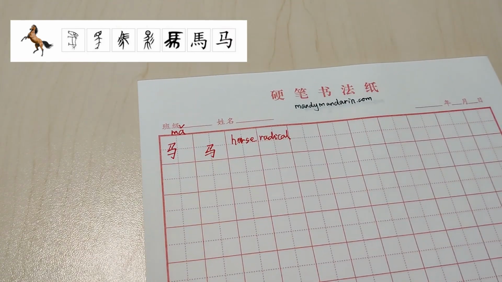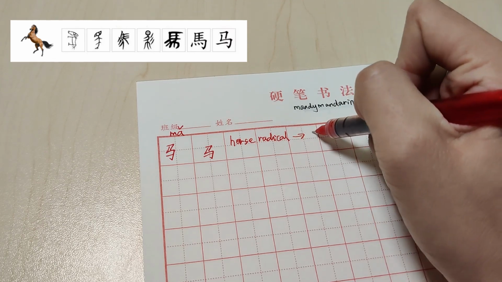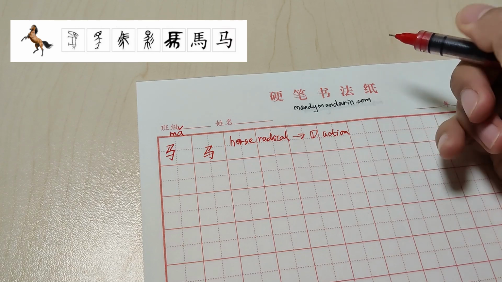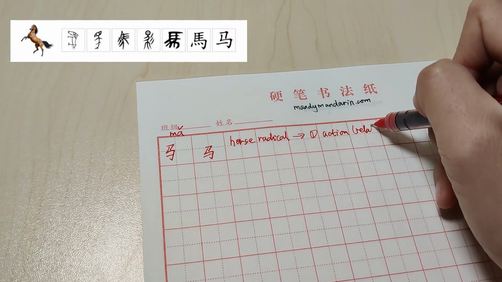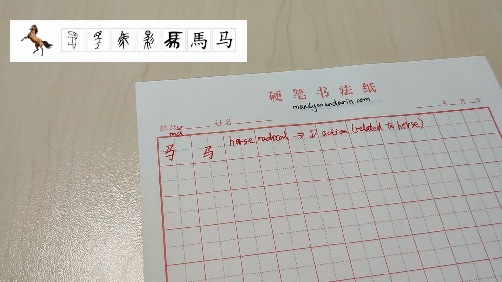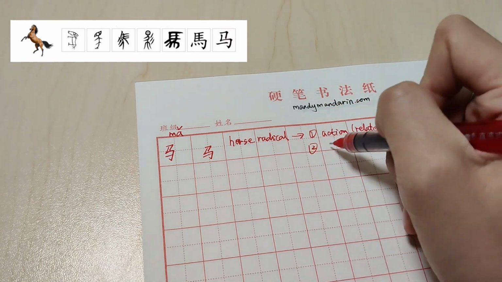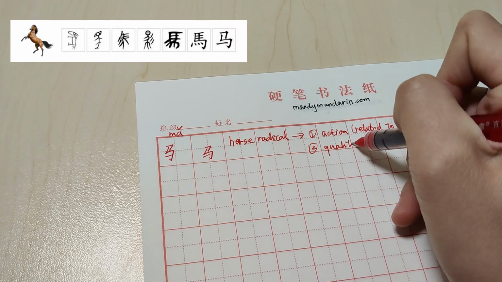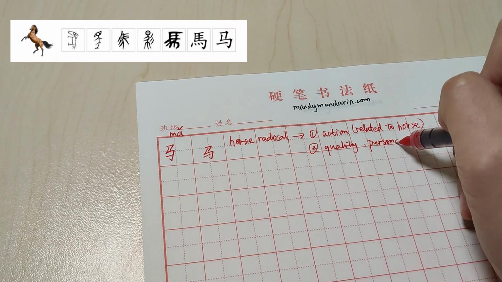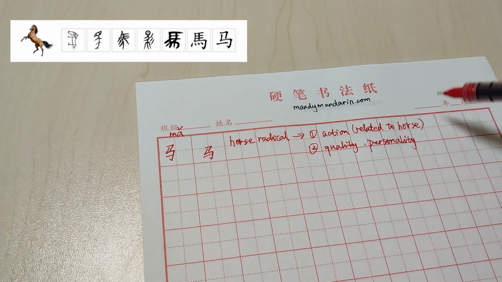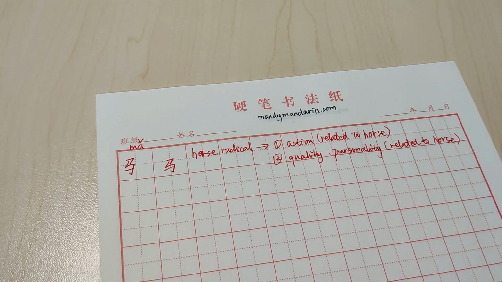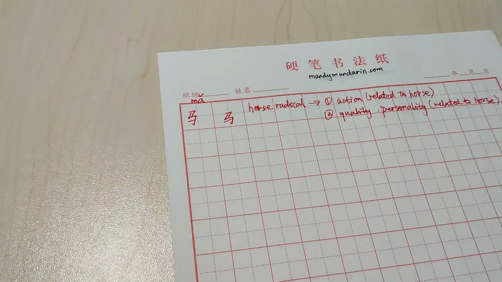And the horse radical is related to the action that's related to horse and the quality or the personality that's related to horse. Okay, now let's get to the first type, the action.